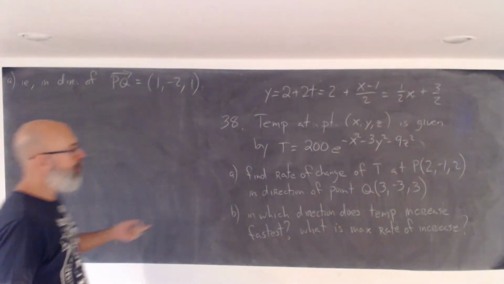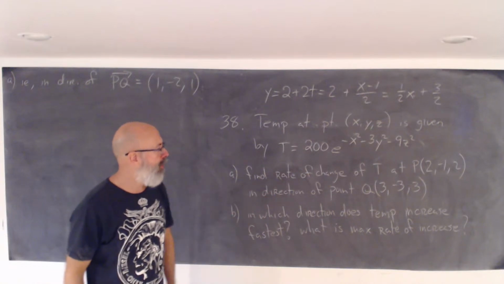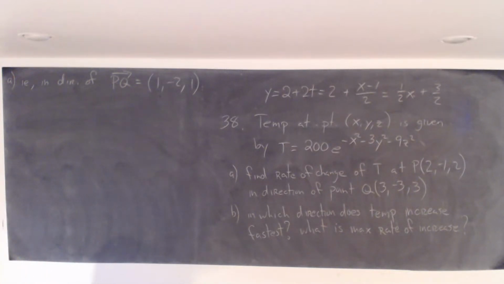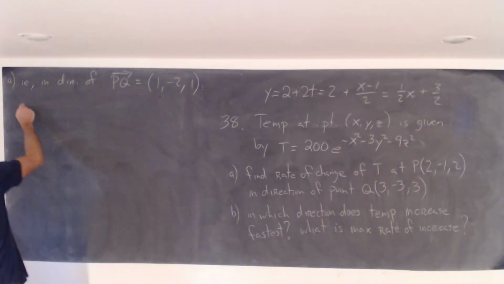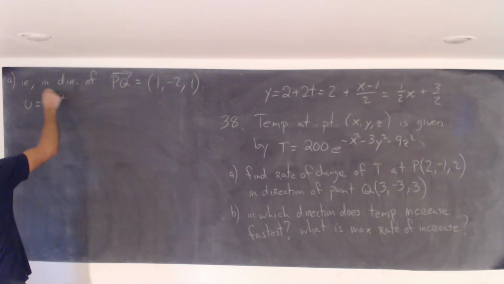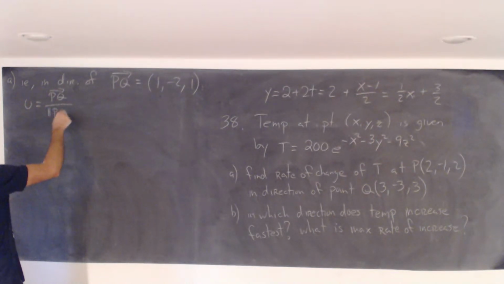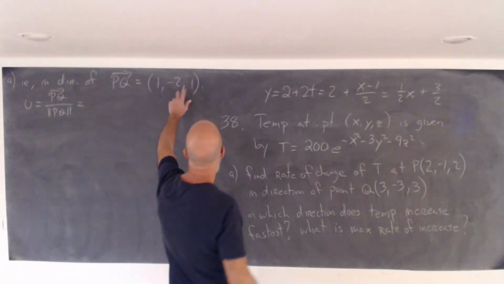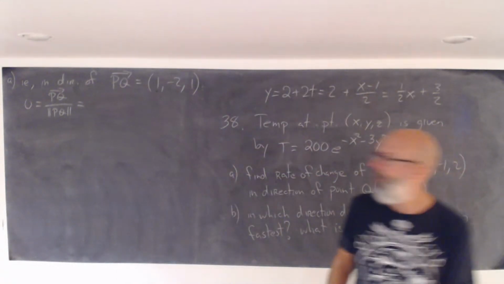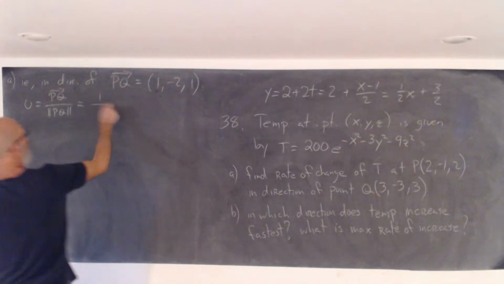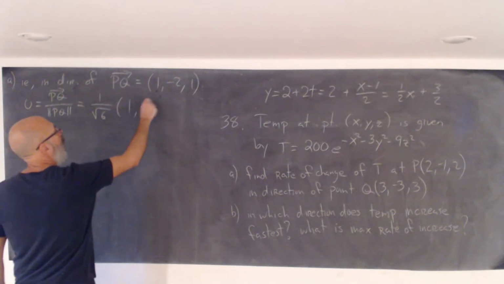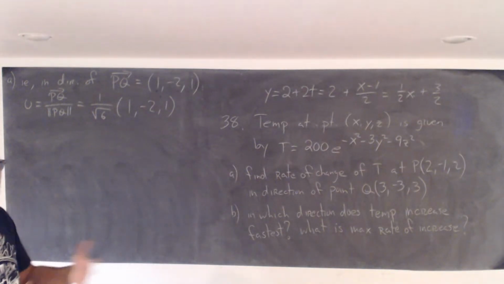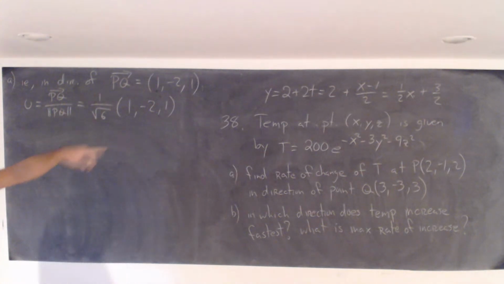So you understand this to be the directional derivative, right? The rate of change in the direction of PQ. And you know what you're going to do. You're going to transform this into a unit vector by dividing by the length, 1 plus 4 plus 1 is 6. So that's 1 over root 6. And now all you need is a gradient, and we can take the gradient dotted with u.